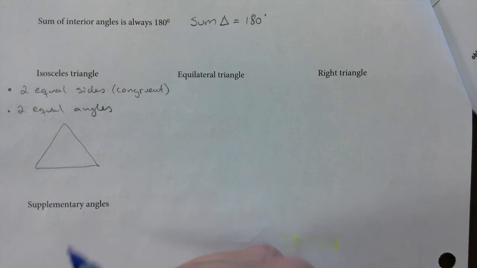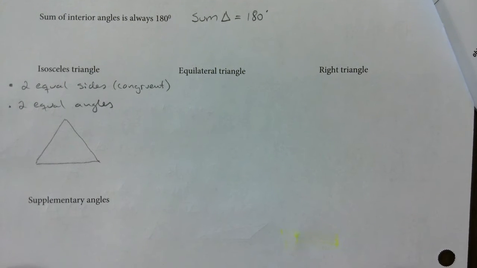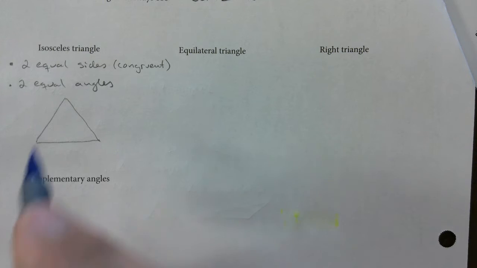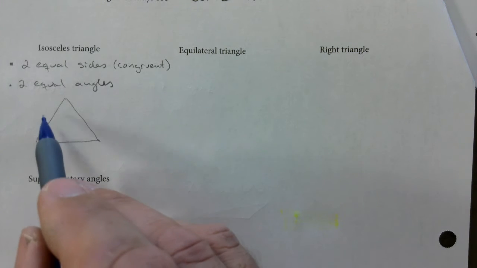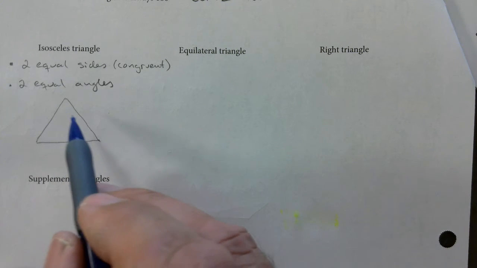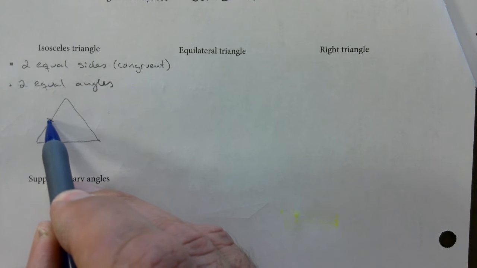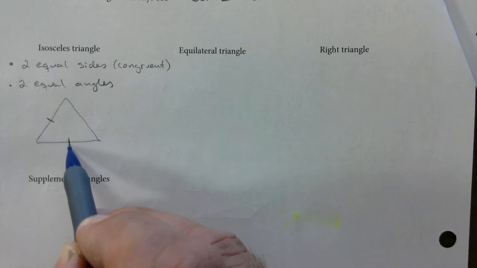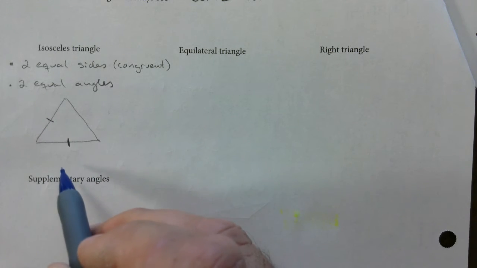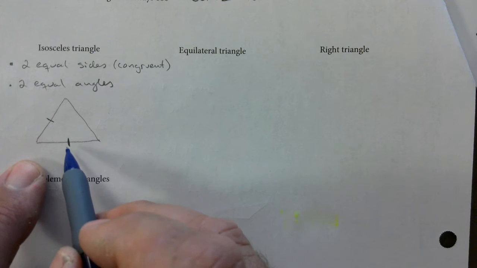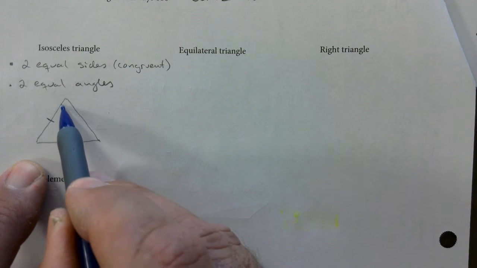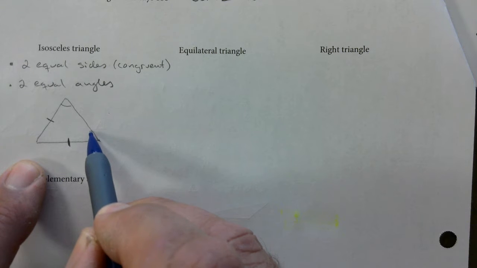So one thing that I don't want you to be stuck on is that an isosceles triangle always has to look like this. Where these two are equal, I'm actually going to do this. I'm going to make this side equal to that side. So which two angles are going to be the same? The angles that are right across from these two sides.